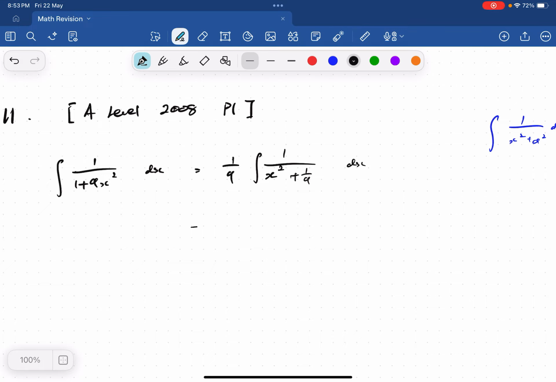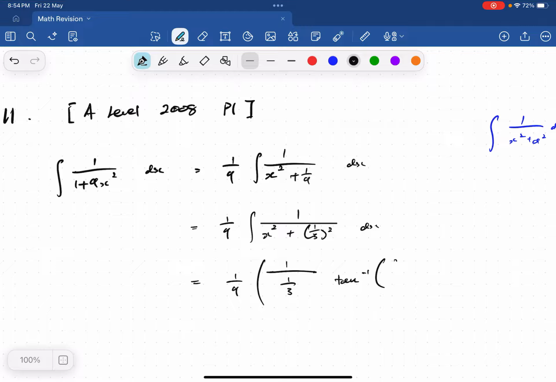So I can integrate it. I can write it in this form so that it's clearer for you. 1/9 is 1/3 squared. So now I have x squared plus a squared, and I can integrate using the standard form. Tangent inverse of x over my a, which is 1/3.